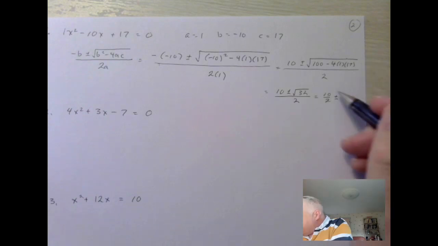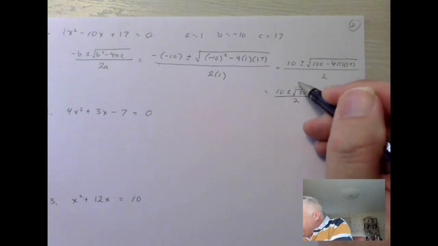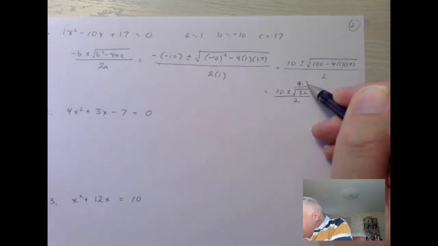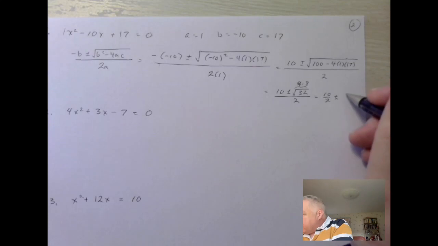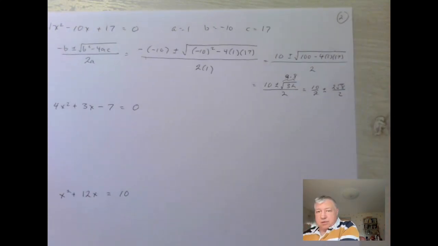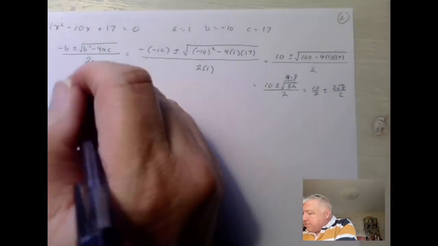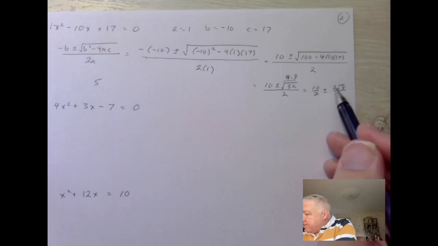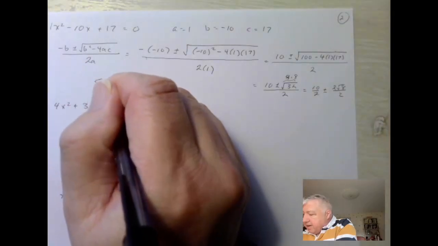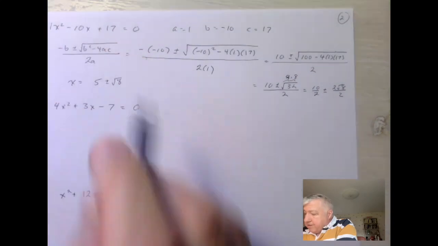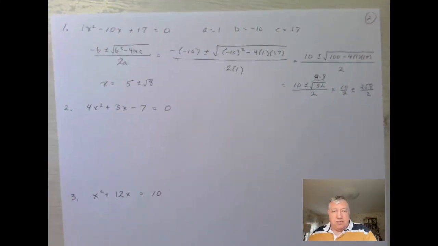The square root of 32 can be written as, we can in fact pull off a 2. 32 is, of course, 4 times 8, and the square root of 4 is 2, so it would be 2 square root of 8 over 2. And so 10 over 2 is 5, and these 2's cancel, and we get 5 plus or minus the square root of 8. So that's what x would be. You get these 2 real solutions.